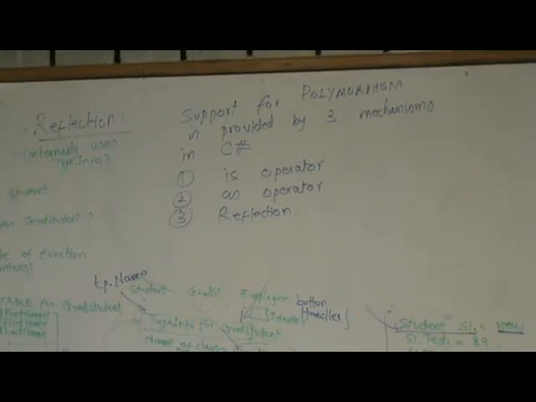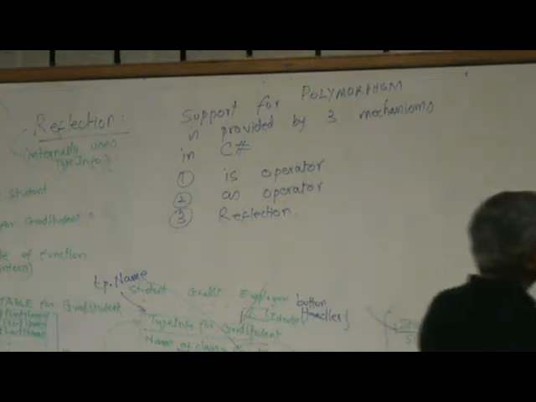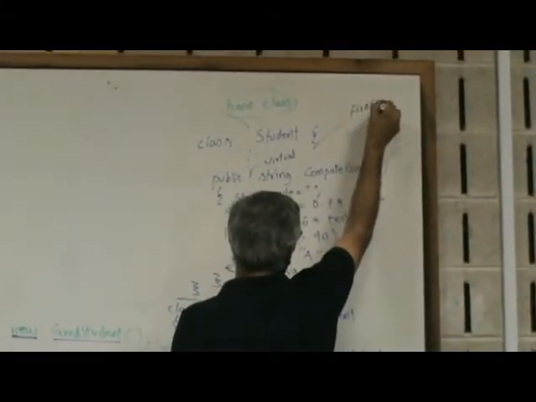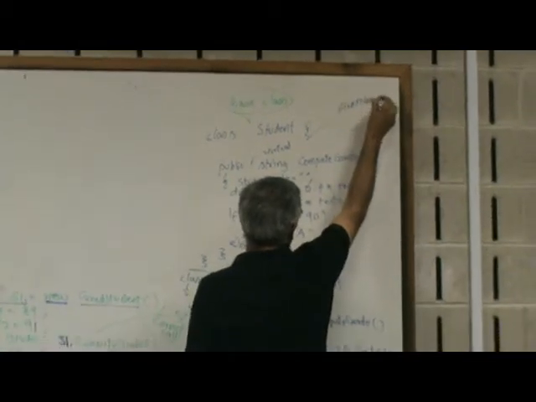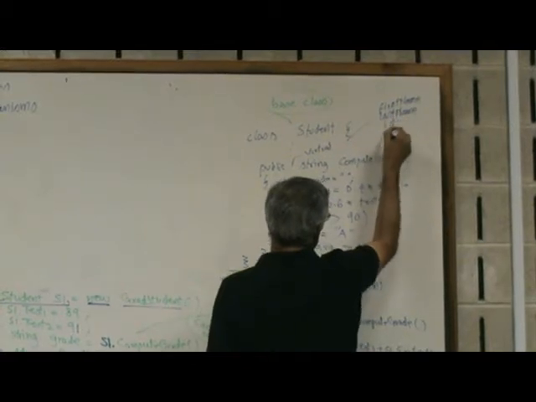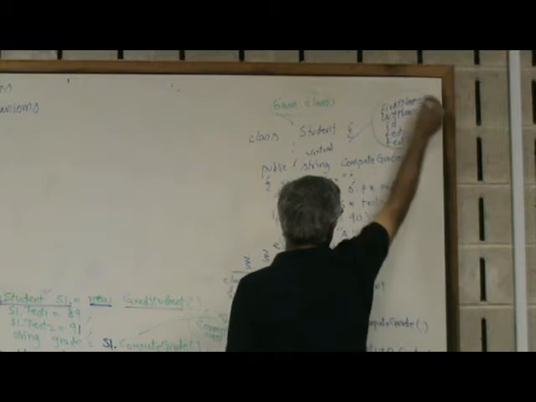Okay, and so to explain it further, let's go to the student class, and suppose our fields are first name, last name, ID, test1, test2. So those are the fields.